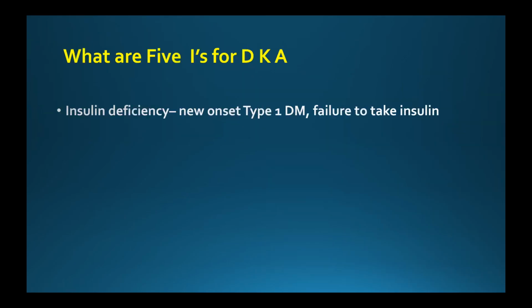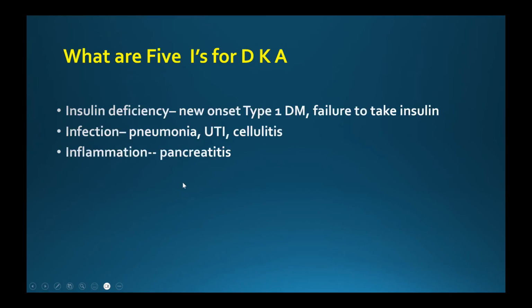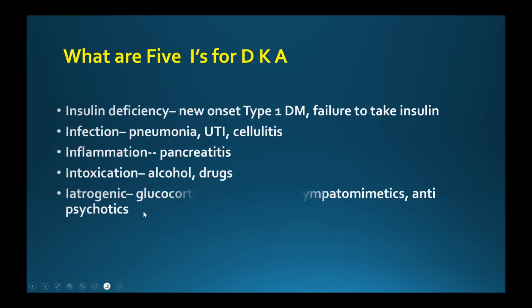The 5 I's for DKA are insulin deficiency, infection, inflammation, intoxication, and iatrogenic causes like glucocorticoids, thiazides, antipsychotics, and other conditions such as acute myocardial infarction. CVA also can result in DKA.